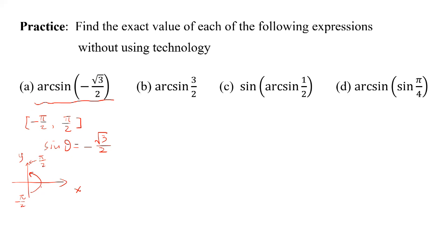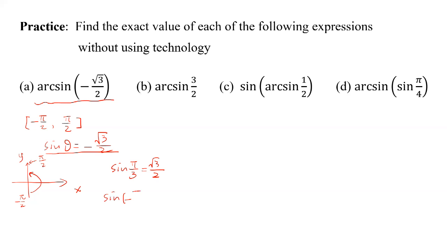So in this interval, we need to find an angle such that the sine value of this angle is minus square root of 3 over 2. So where is this angle? We know that sine of 1/3 of pi equals square root of 3 over 2, right?